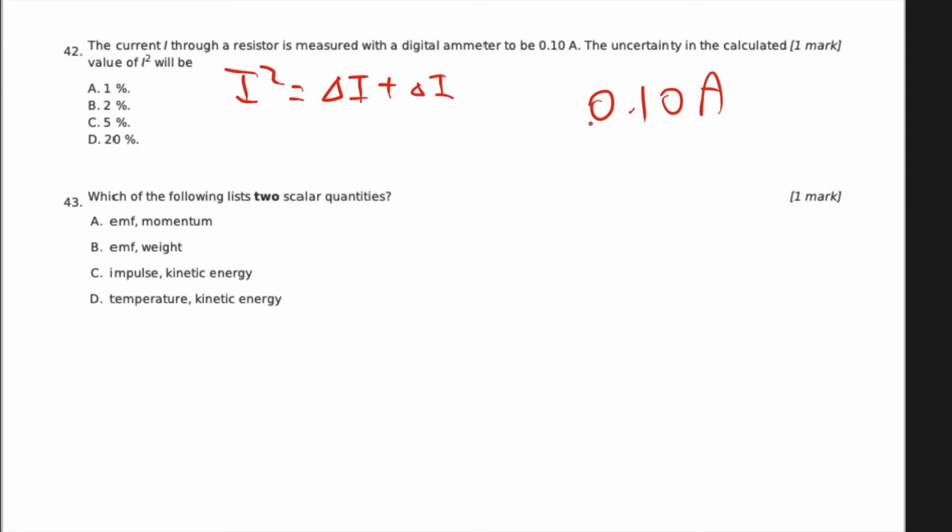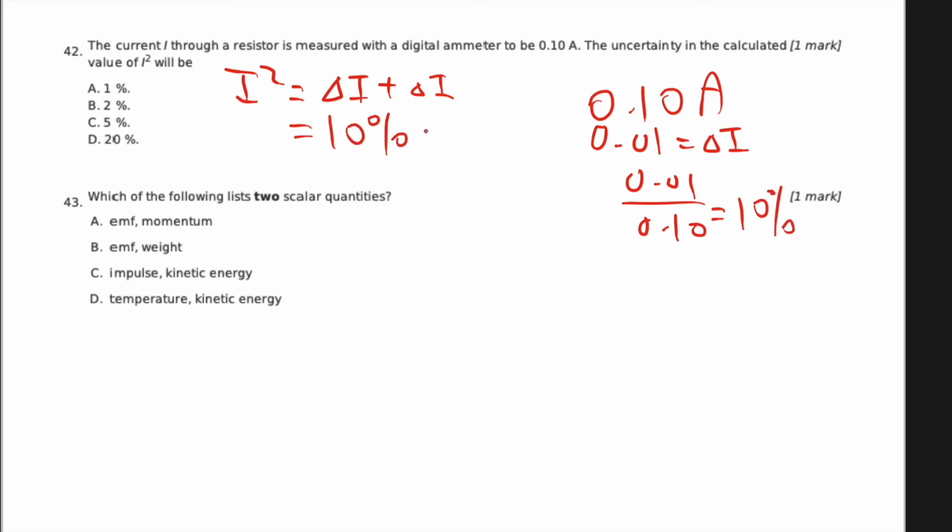This digit corresponds to the estimation within the smallest subdivision, which is 0.01. This is also the uncertainty of current, right? So 0.01 divided by 0.10 is equal to 10%. So the total uncertainty will be 20%.